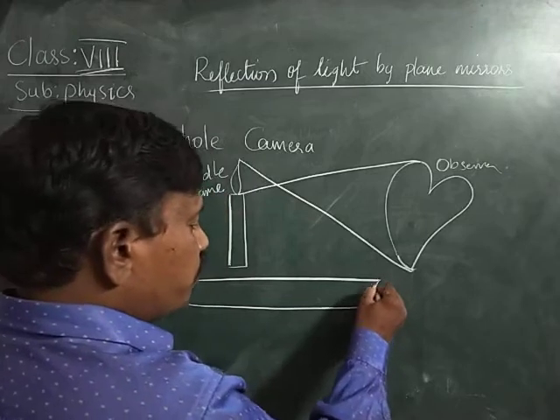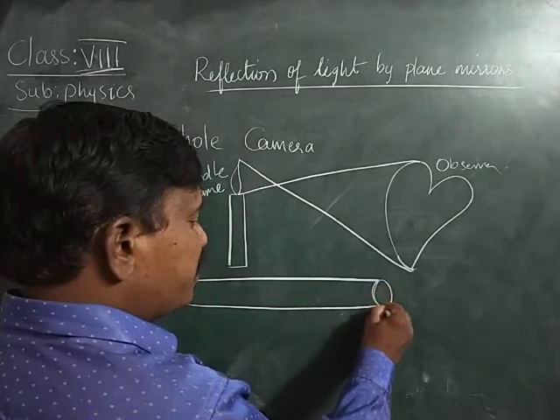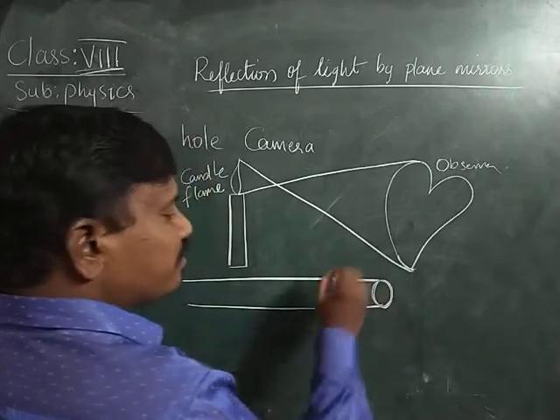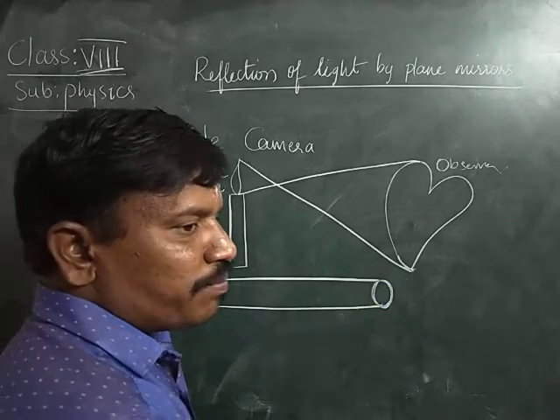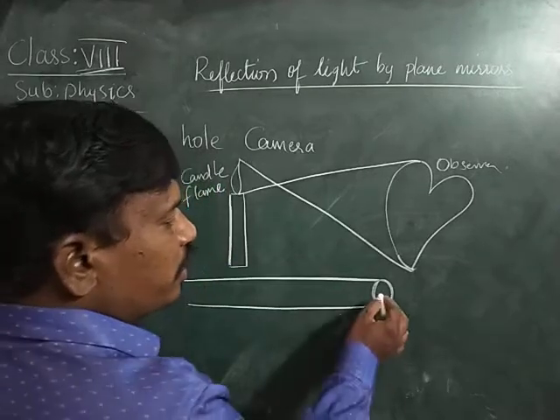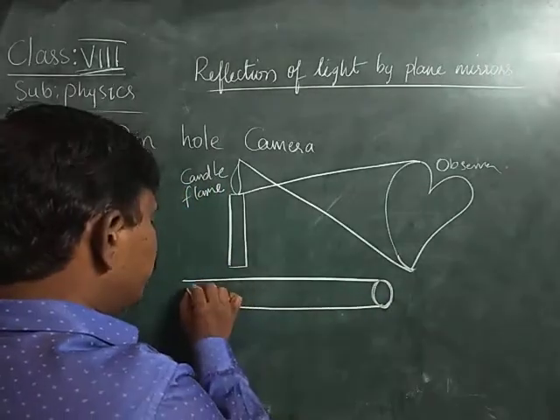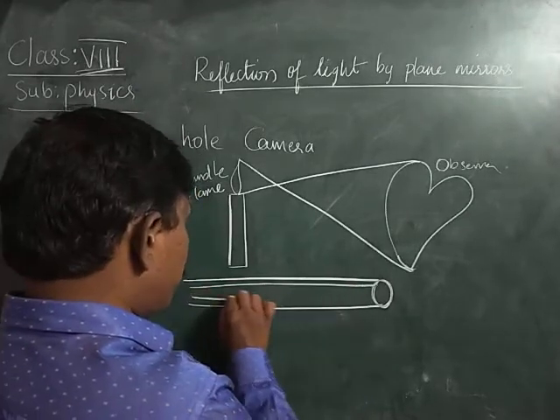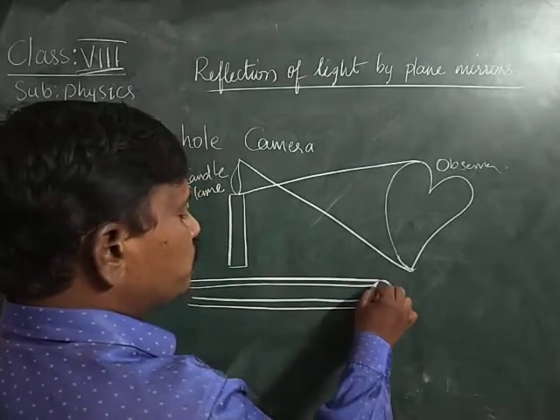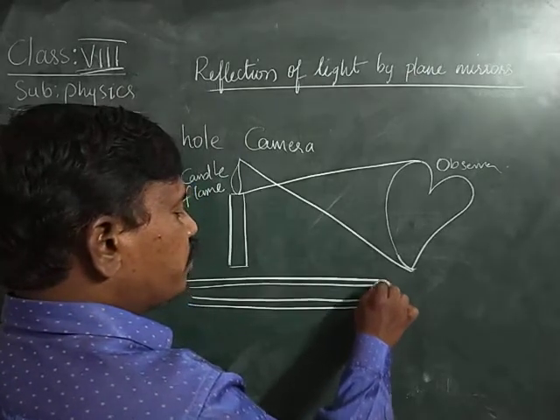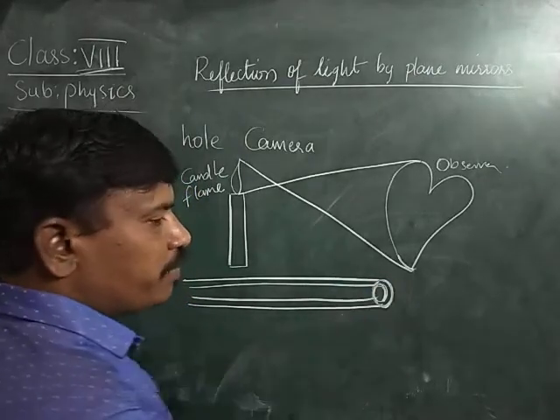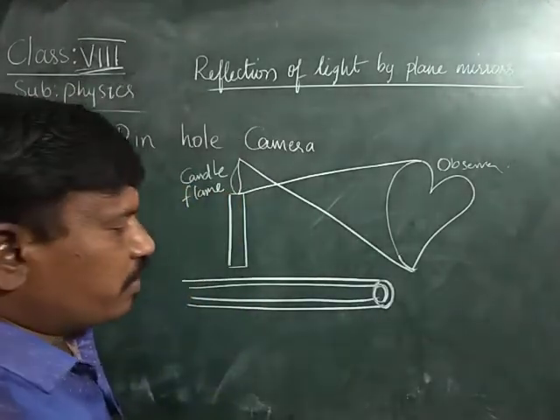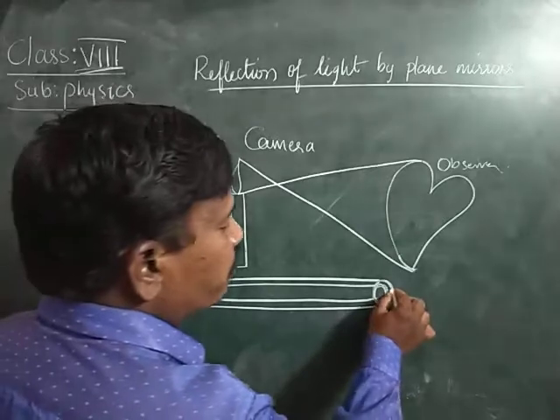One pipe where you paste the black color, and you should insert one more pipe, where the mouth of one of them should be pasted with oil paper, and you should make a pinhole.